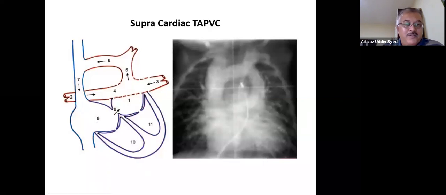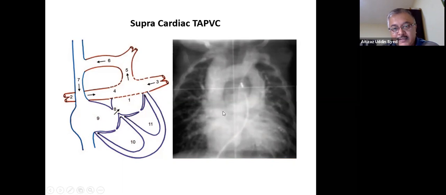So far, so good. But some part of it has to go to the left atrium, otherwise we'll have no cardiac output, no systemic output. So there's always a PFO or a stretched PFO or an ASD to allow the blood to go to the left side, and then the left side pumps this admixture of the blood into the systemic circulation.